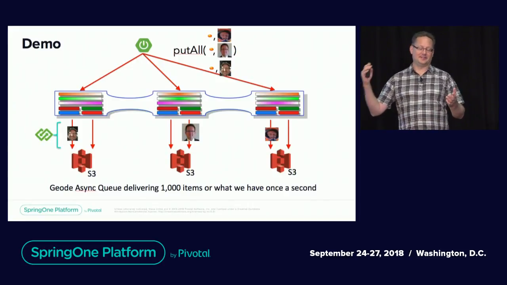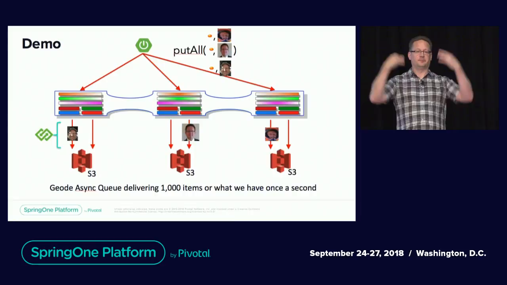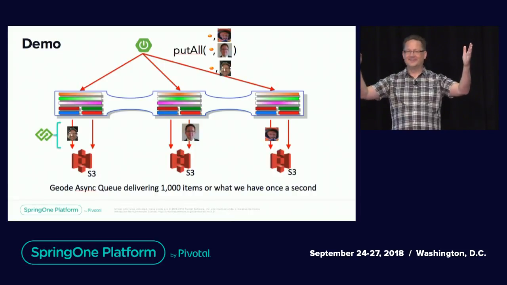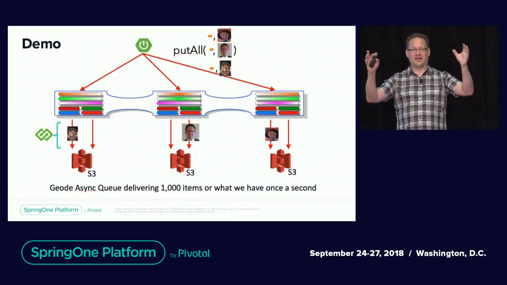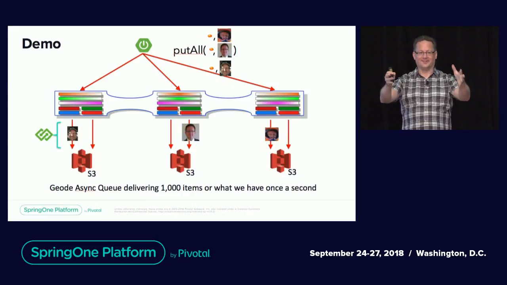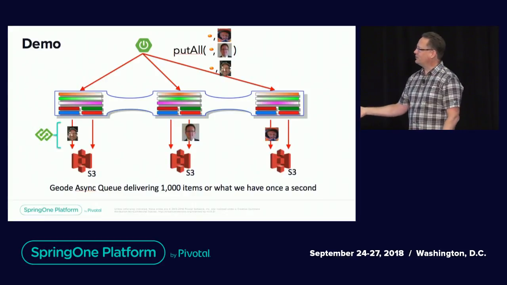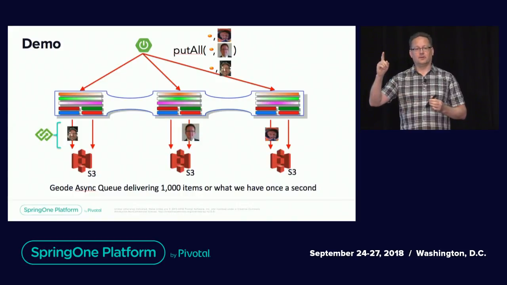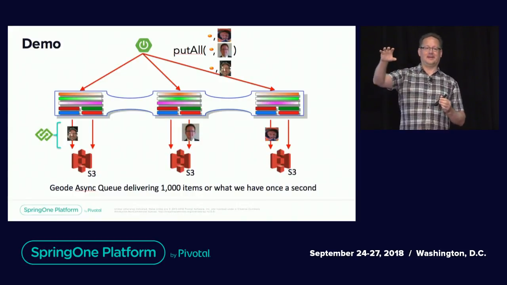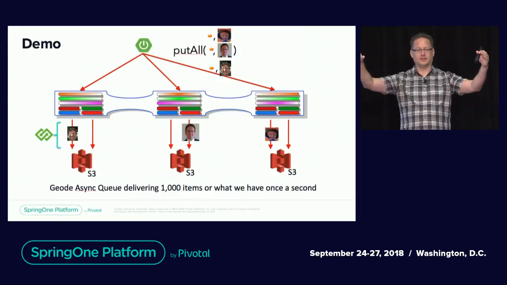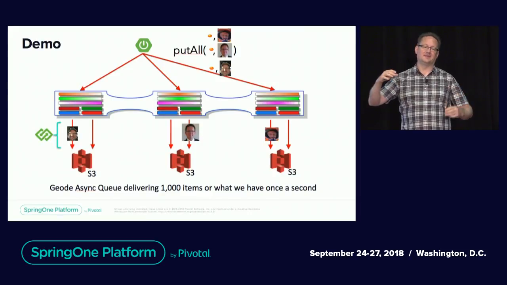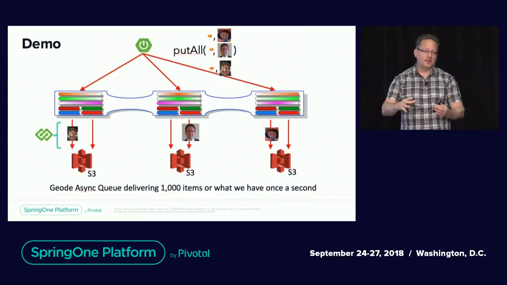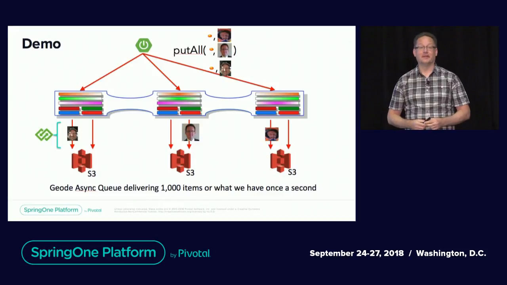If I have a ton of requests for Charlie, say I'm loading a web page with 12 different panels all asking for Charlie, and Geode does the loading for me, we only look up Charlie once, get it cached, and all the rest of the requests get satisfied from that. If I did cache aside, only some subset would get the cache hit. So it's better to have Geode in control of that, if you can.